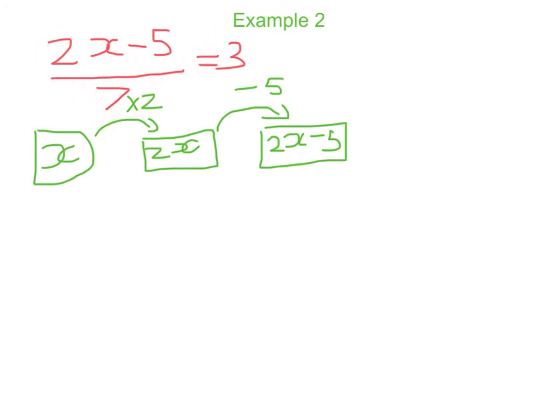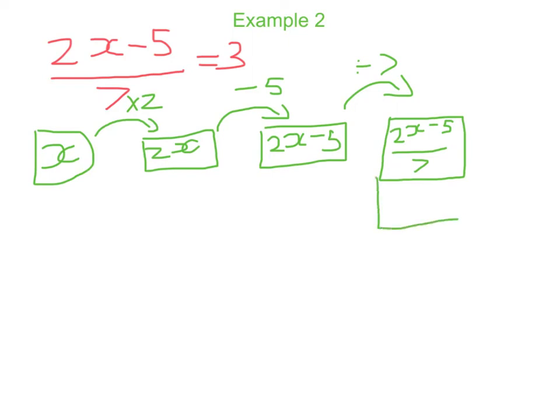It's being divided by 7. So what we do is we divide by 7, which equals 2x minus 5 divided by 7. And now we know this: 2x minus 5 divided by 7 equals 3.